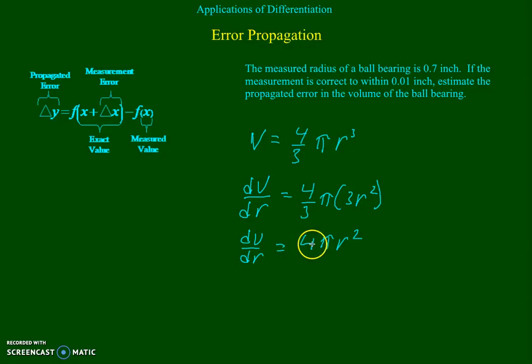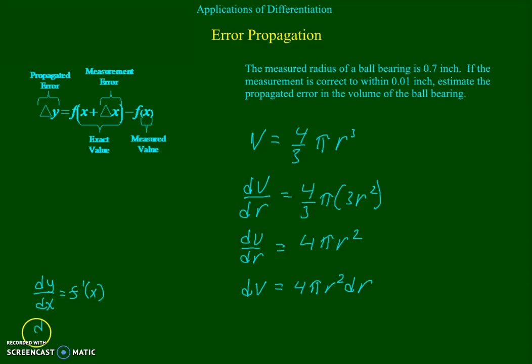Now we're going to put this into differential form. And remember, differential form: dV equals 4 pi r squared dr. So in case you missed that connection, what we have is dy dx equals f prime of x.